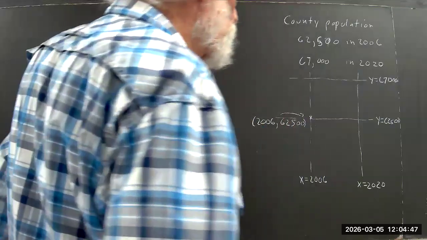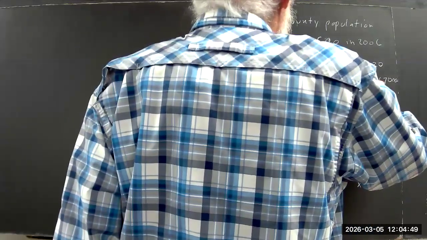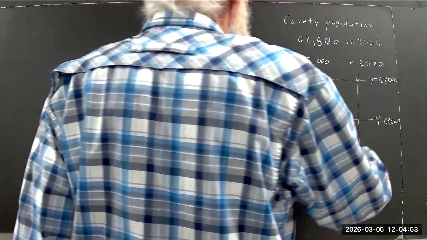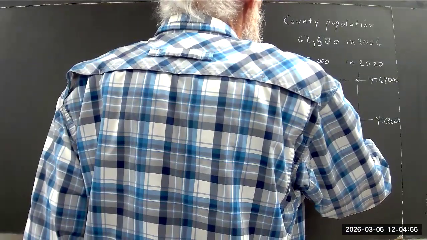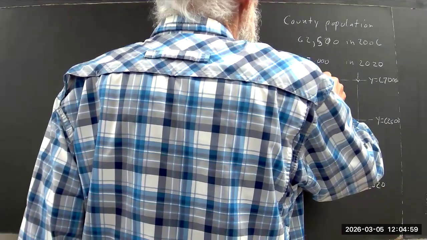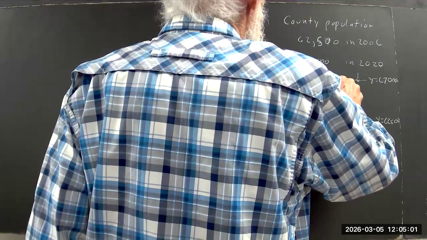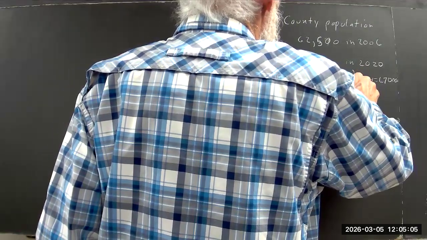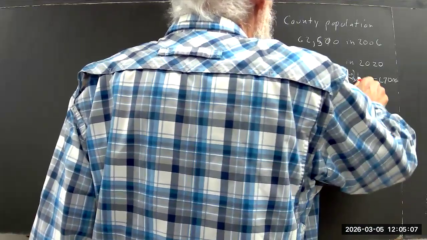So there's a line y equals 67,000. And here's the point 2020, 67,000.